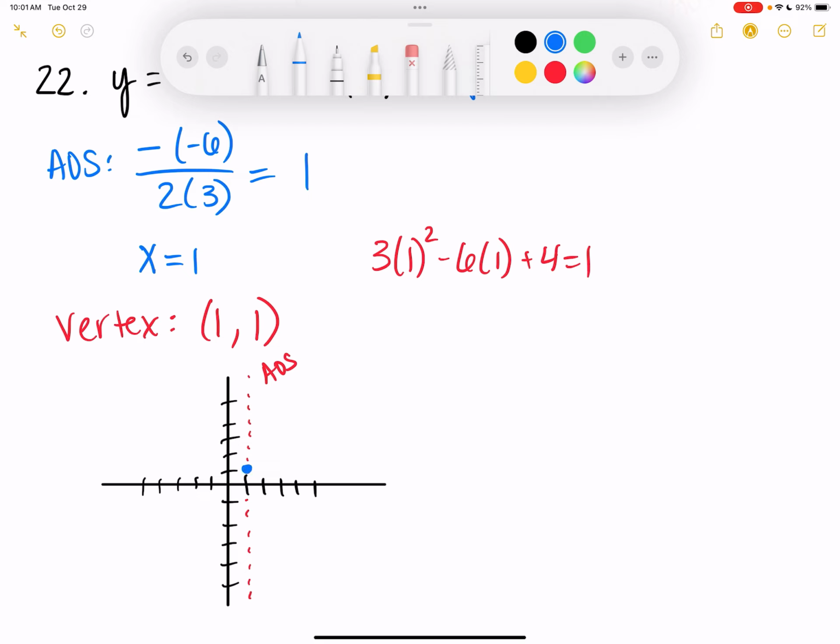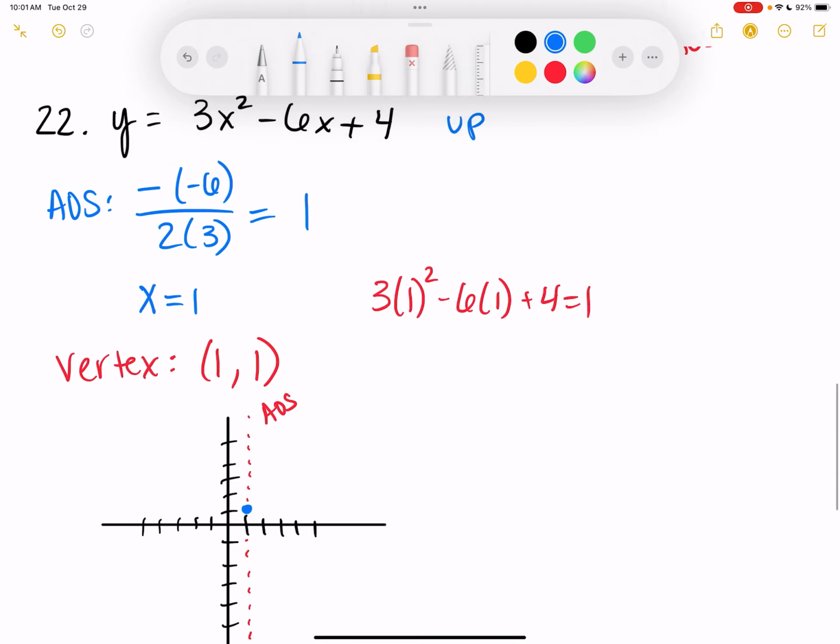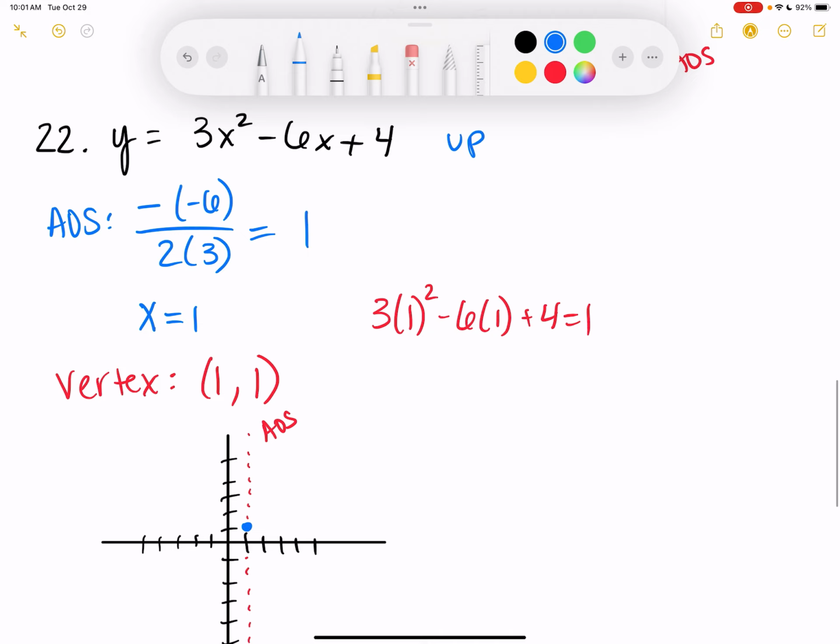So now I need to find another point on the graph. I would recommend you use 0 because it makes life so much easier, because otherwise you're plugging in 2 and having to do more math, whereas 0 makes everything cancel. So I plug in 0, I get 3 times 0 minus 6 times 0 plus 4. So at 0 it's 4.